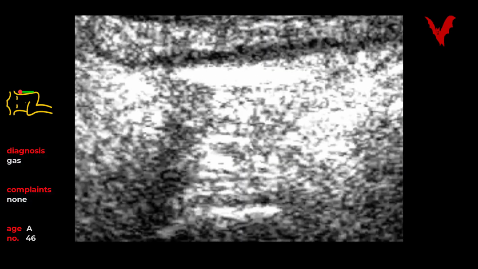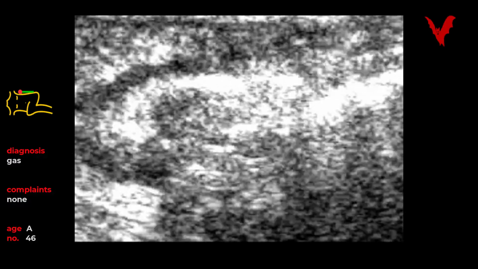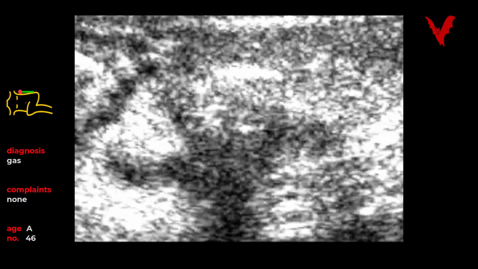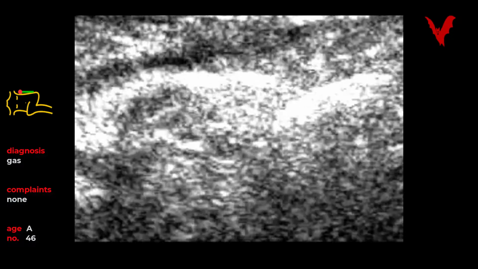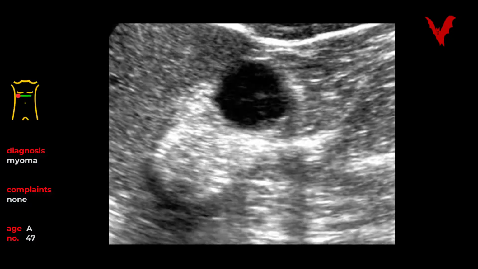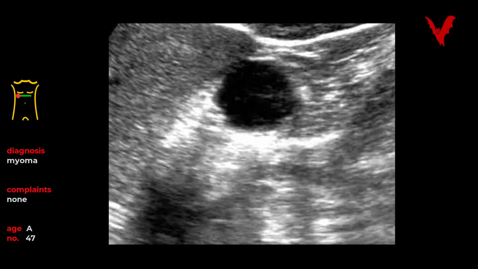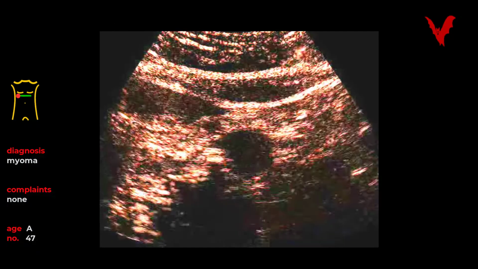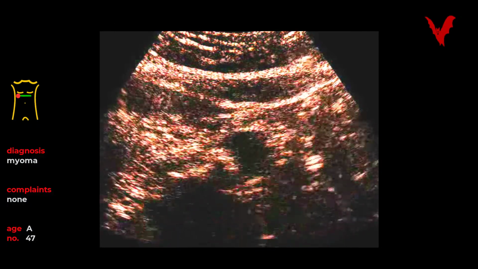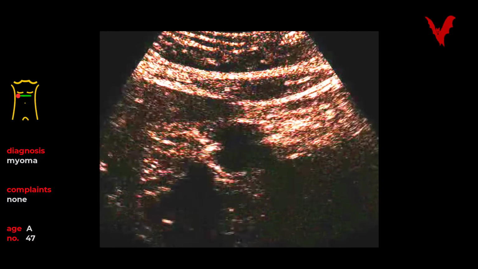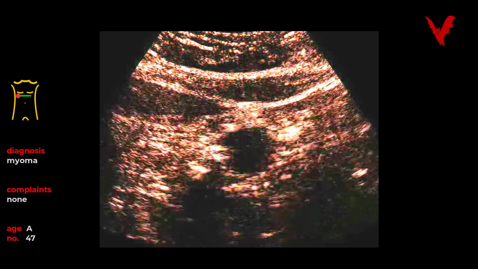Some gas bubbles remained here after drainage removal in figure 46. This gastric tumor in figure 47 turned out to be a myoma only when it was removed endoscopically.